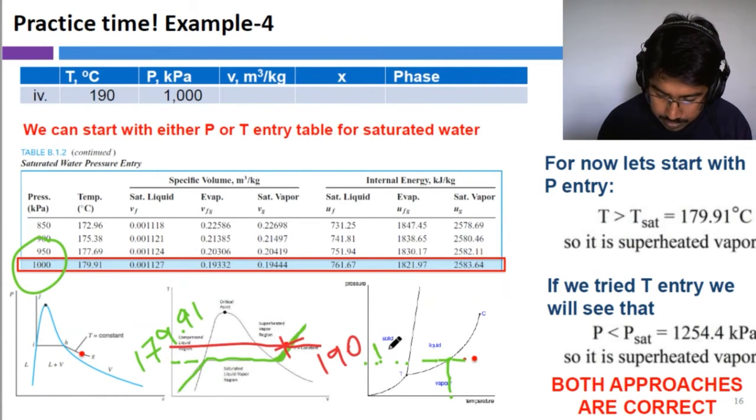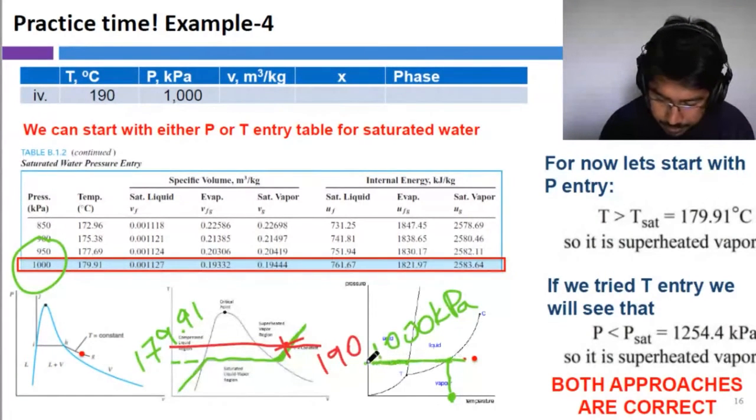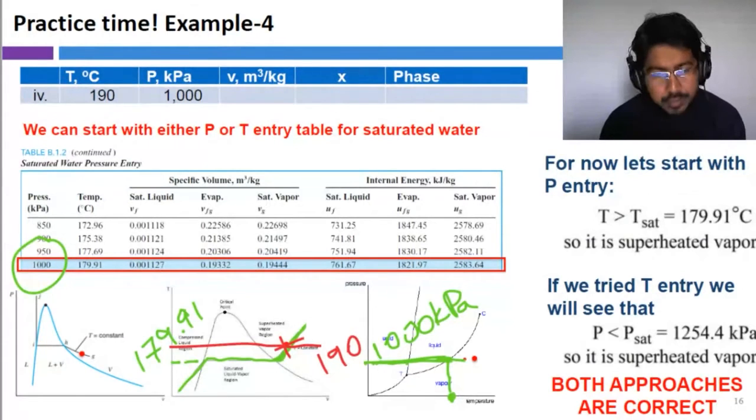So let's say this is 1000 kilopascals, and what is the reading in the temperature scale going to be here? Anybody? For 1000 kilopascal, we draw the 1000 kilopascal line here, and now we want to know the temperature reading at that point. What is it going to be?